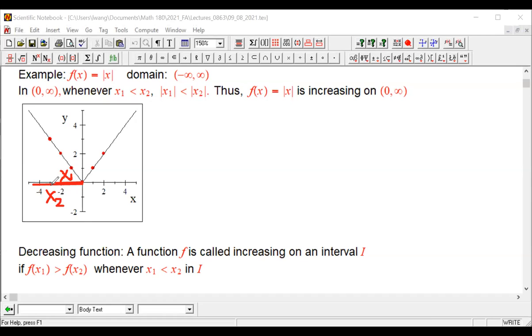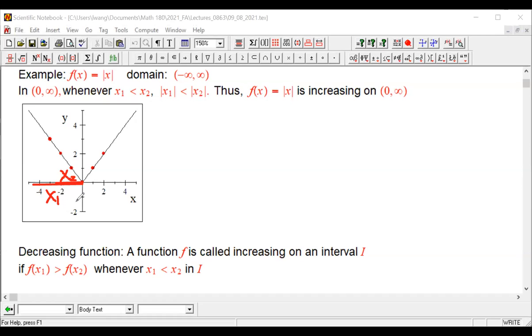I'm sorry, I should reverse the order, because right here, this should be x2, this should be x1. My bad, because this is x1, this is x2. You see that? Why is that? Because they're all negative, right? In this case, x1 is less than x2. You may say, hey, x1 is longer.